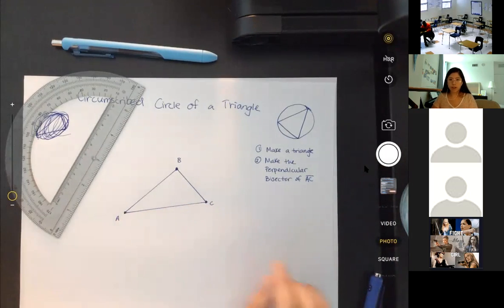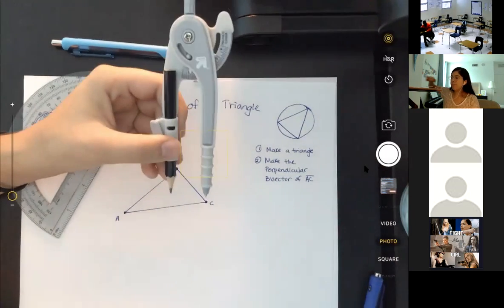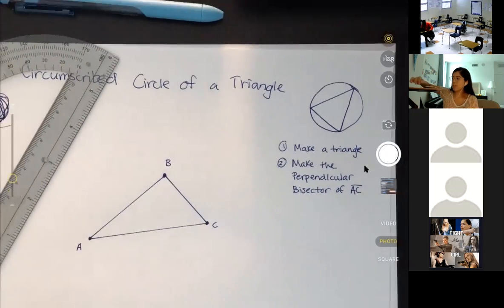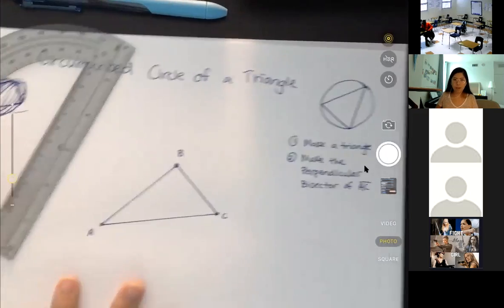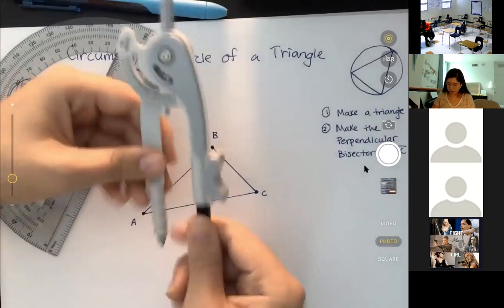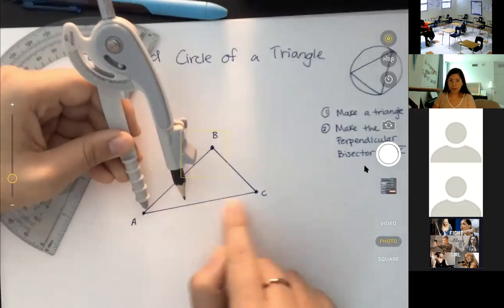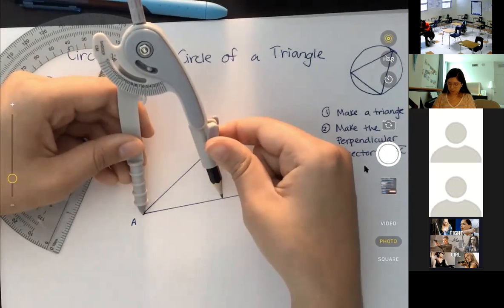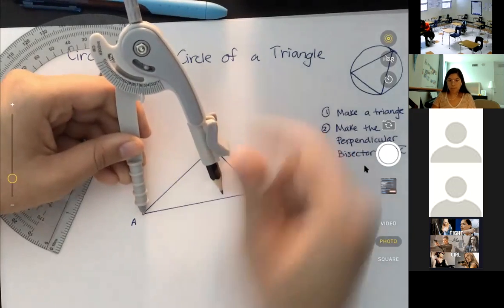So I take my compass. Let me zoom in a little so you can see exactly what I'm doing. I'm going to set it so that it's wider than halfway between A and C. It's going to be pretty wide, because you want it to be more than halfway.